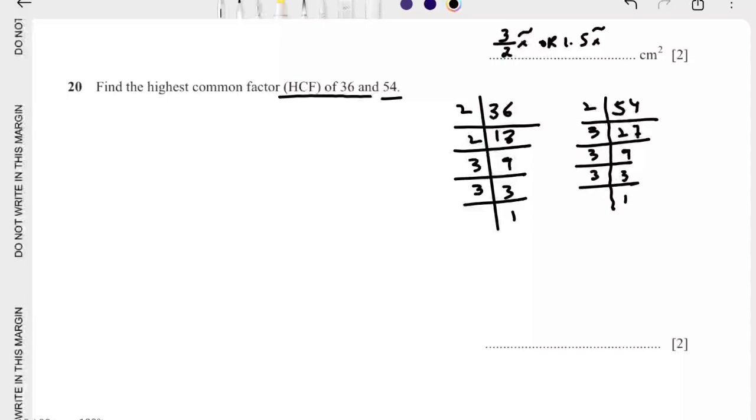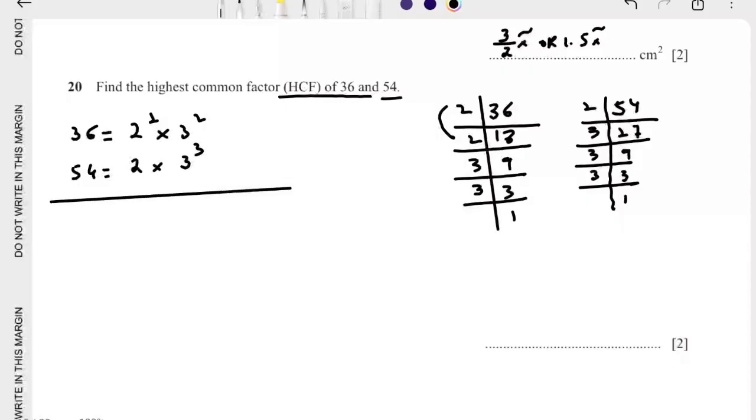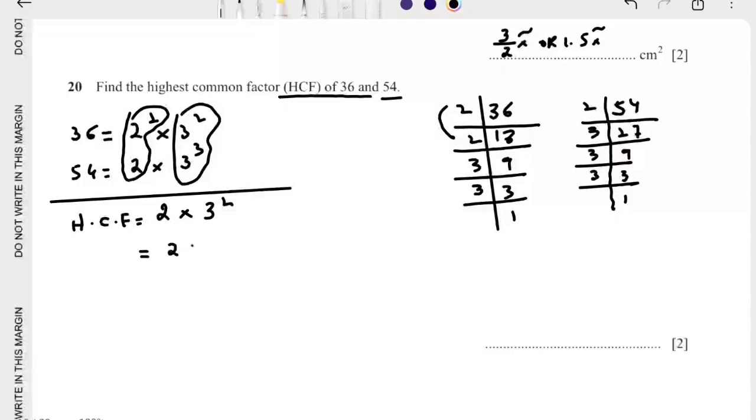So 36 would be equal to 2 squared into 3 squared, and 54 is equal to 2 times 3 raised to the power 3. Now for HCF, we need to take the value with the smaller power, so it would be 2 times 3 raised to the power 2. The HCF would be 2 times 9, so 18 would be the answer.